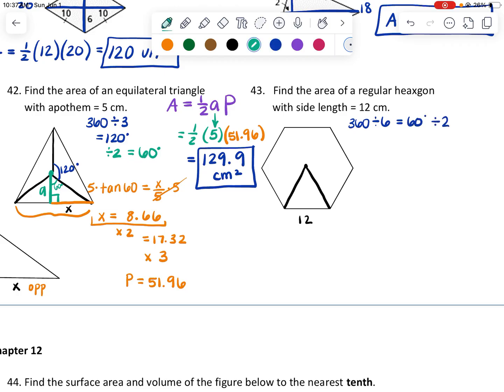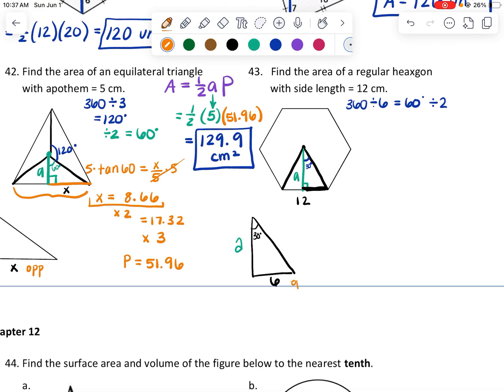And then I'm going to divide it by 2 because I want to cut this in half because I need to find the apothem. So this angle right here is 30. And again, I like to draw my triangle again so I can see a little bit bigger what I'm dealing with. 30 degrees. Half of the side, if the whole thing's 12, this bottom part is 6. And then I have the apothem on this side right here.